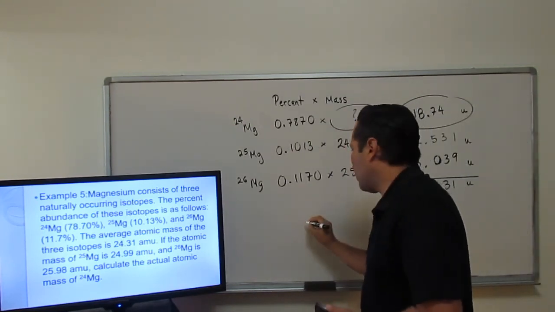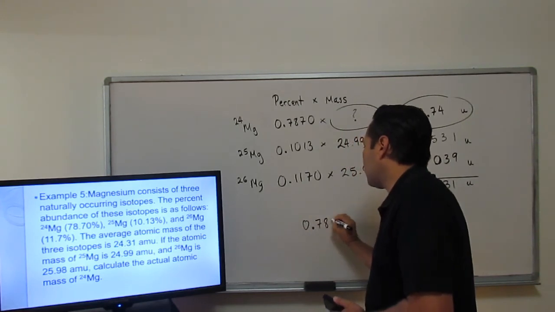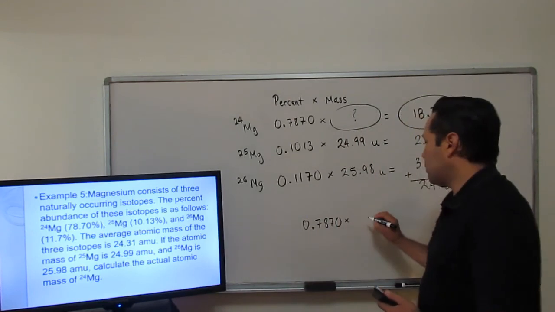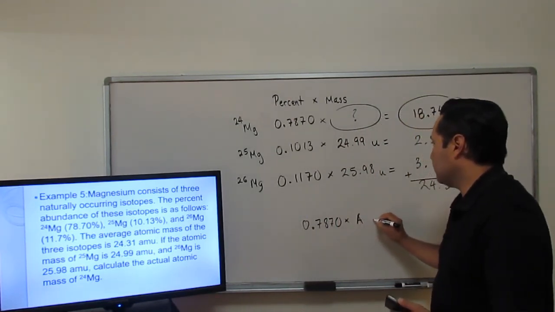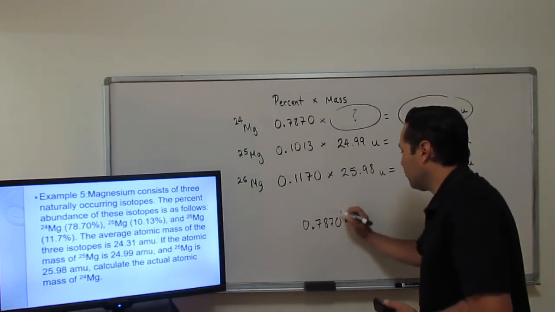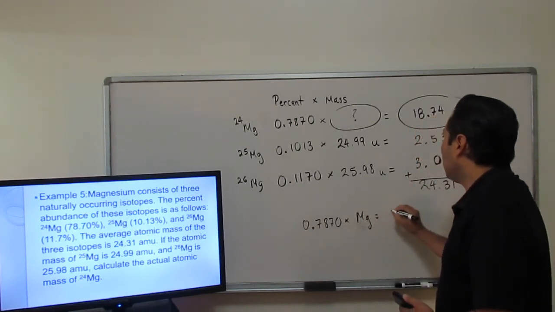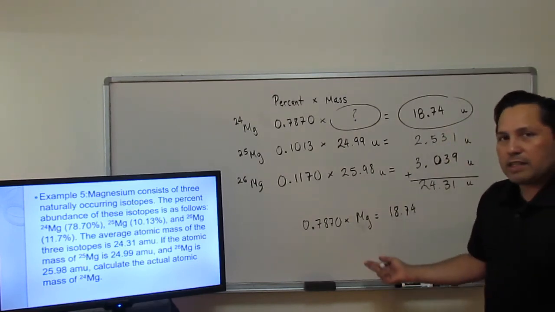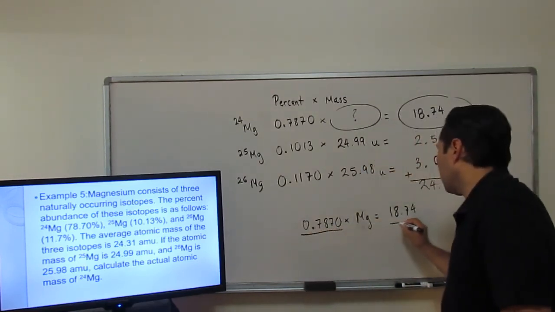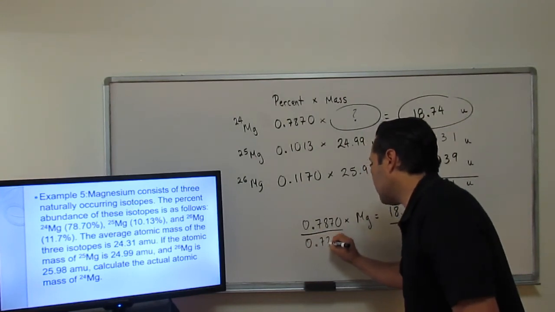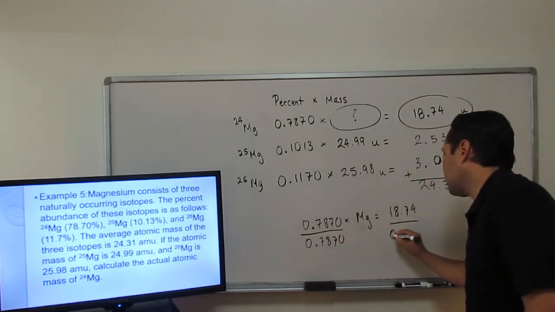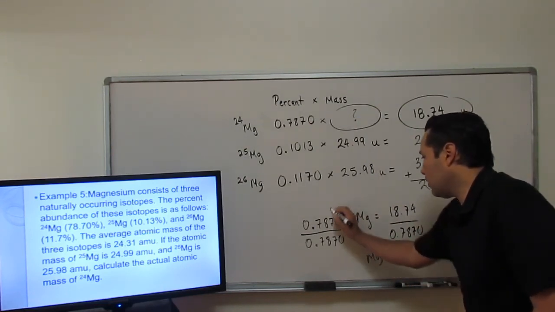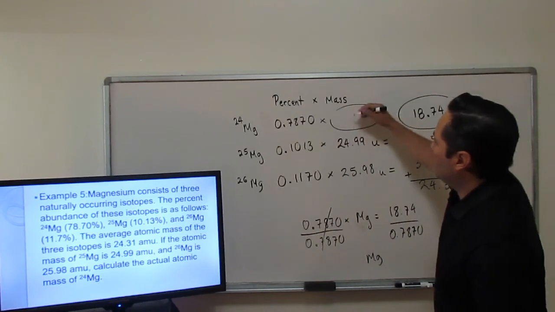So if I were to rewrite it as a math problem like in your math class, picture you have this, multiplied times some number. Let's just call it letter A. Or how about Mg for magnesium? And that equals 18.74, which we got from right there. In your math class, how would you solve for this? You would divide by 0.787 on both sides, and that's going to give you the mass of magnesium, which is what we're solving for.